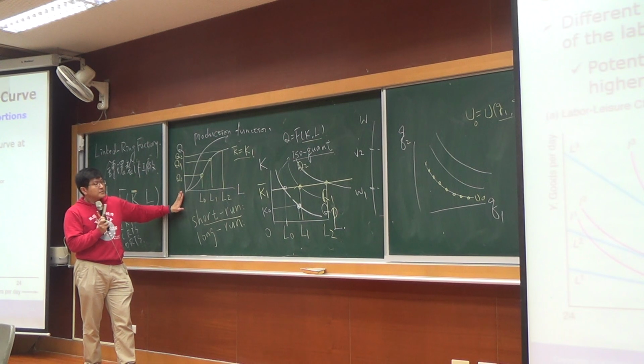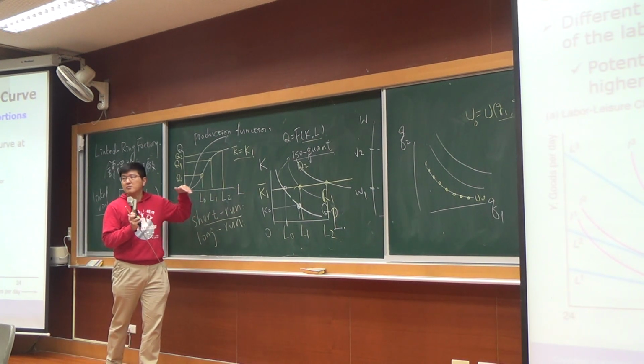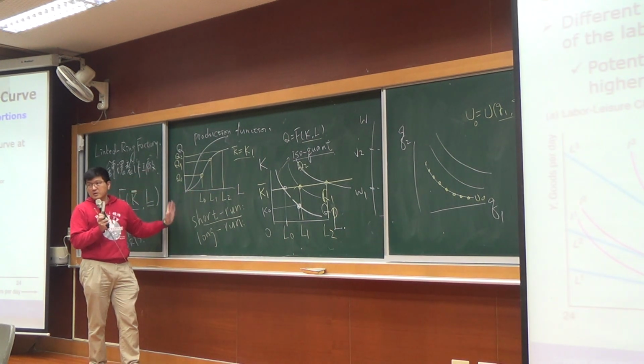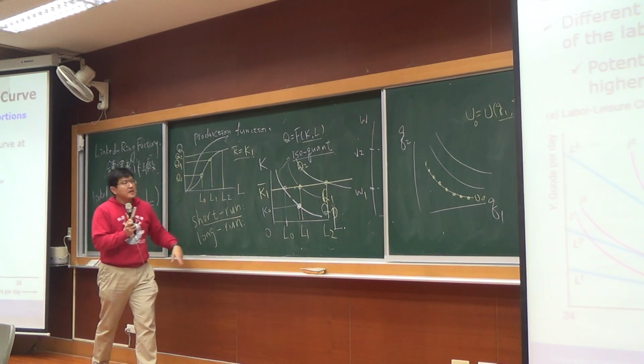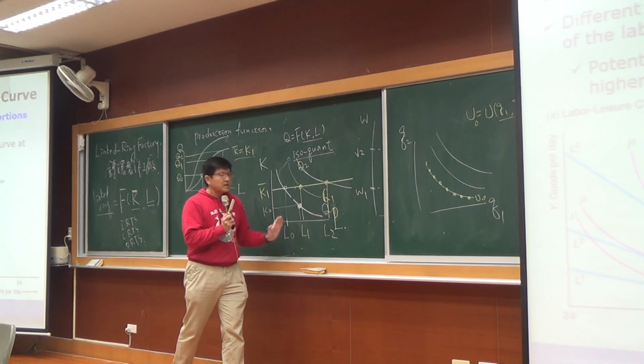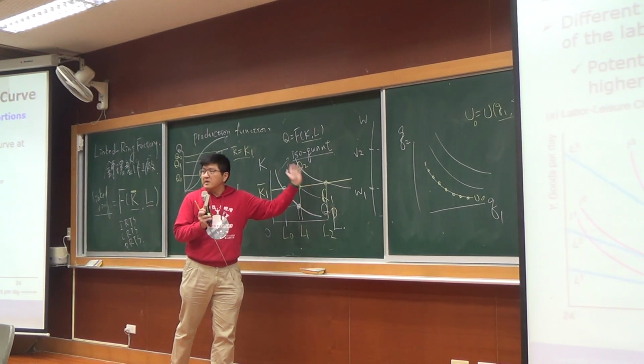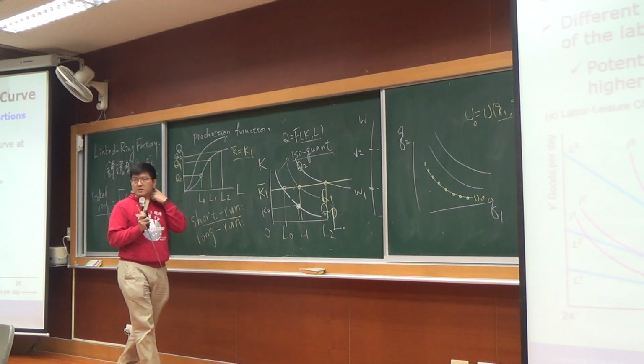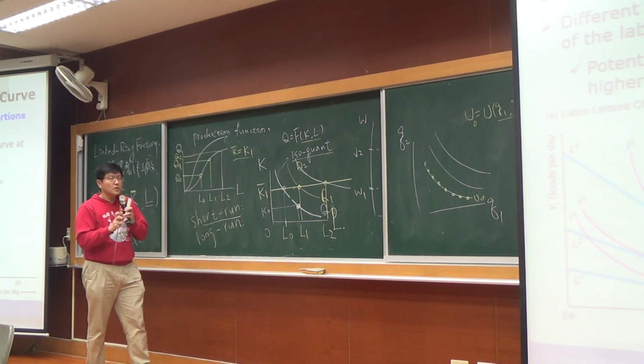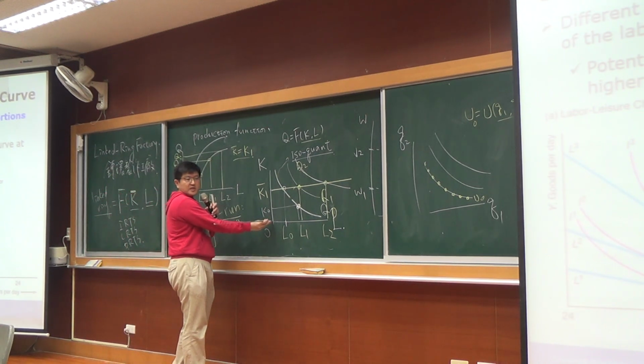This diagram with L on the horizontal and Q on the vertical is about the production function. And this with L and K on the horizontal and vertical axes is the isoquant curves. Okay? So where is the output? It's actually a 3D graph.